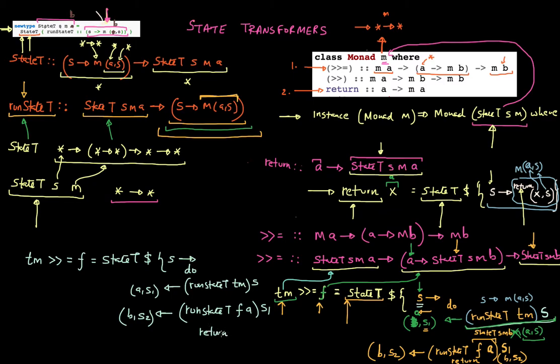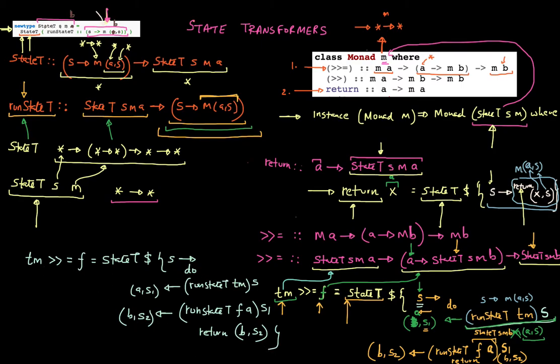You might notice some redundancy at this point, and I'm going to point that out in just a second. The first point is just to show you the clarity, or at least the intuition, as to why this code is the way it is. So this is the actual implementation of the bind method here.